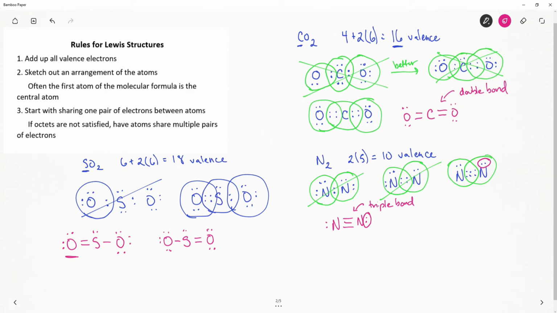So when you have more than one option to write a valid Lewis structure, they are called resonance structures. And we put brackets around them, and we draw a double-headed arrow between them.